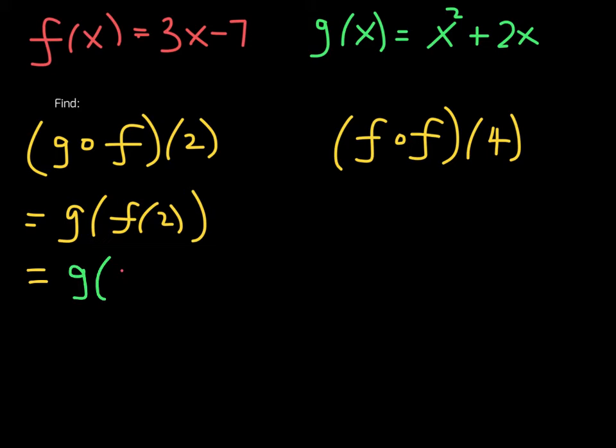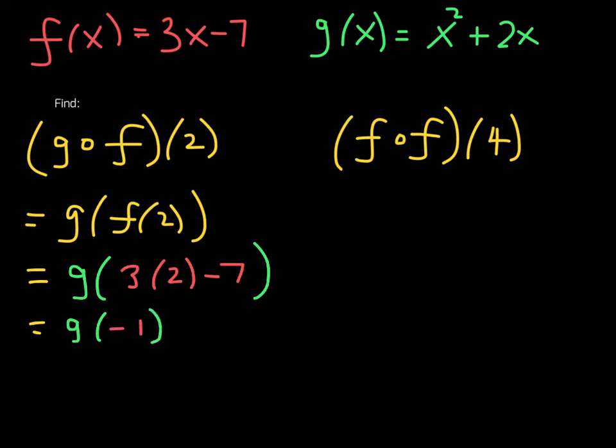So then it'll be 3 times 2 minus 7. Figure out what that is, which we can see is going to be 3 times 2 is 6, so 6 minus 7 is -1.